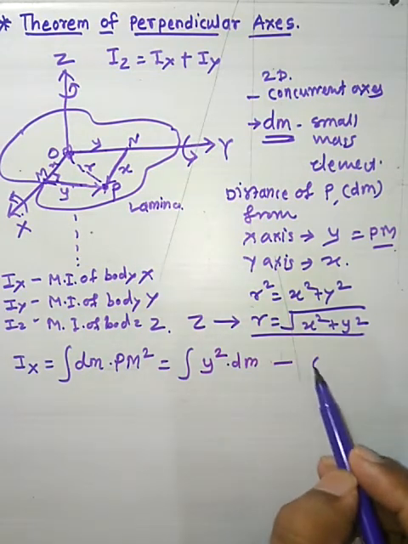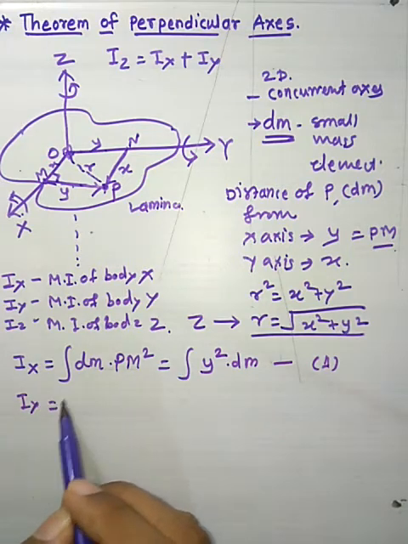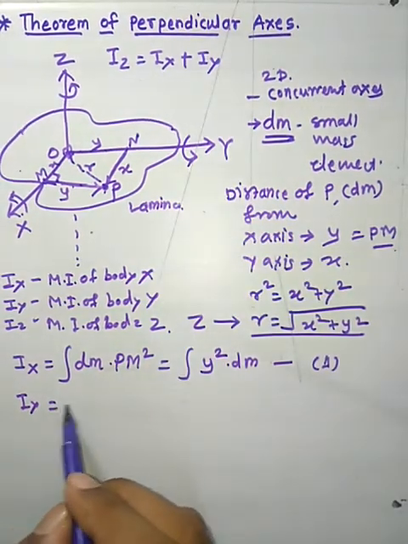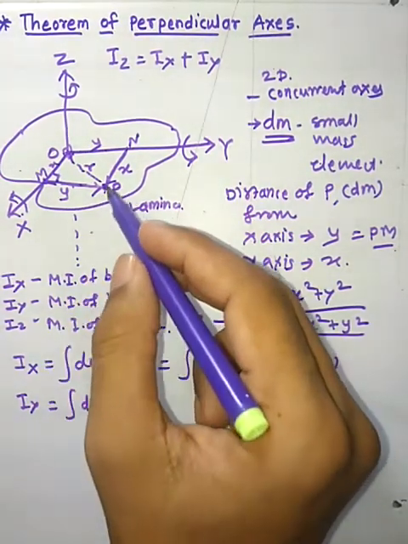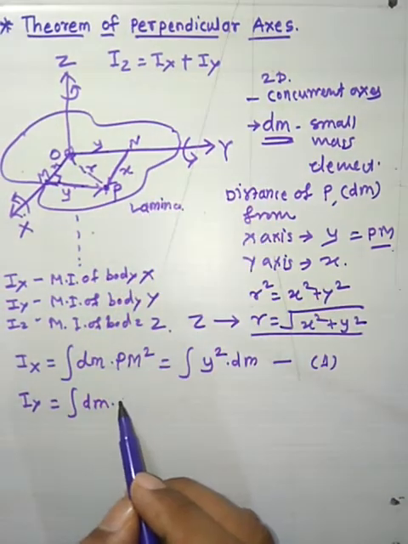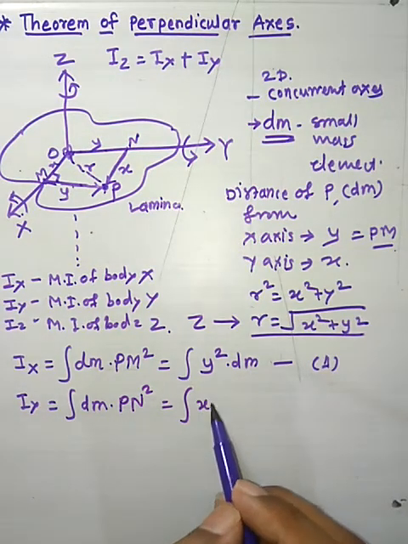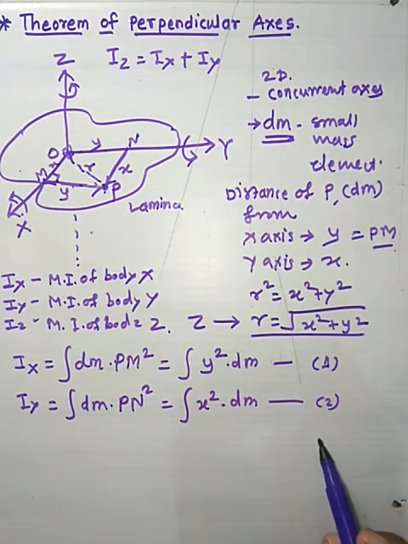This is the first equation. Similarly, I want to calculate the moment of inertia of the same body about the y-axis. So Iy is equal to the integration of dm, where the mass is situated here and the distance of the mass from the axis of rotation is x, that is PN square, which is equal to the integration of x square into dm. Let it be equation number two.